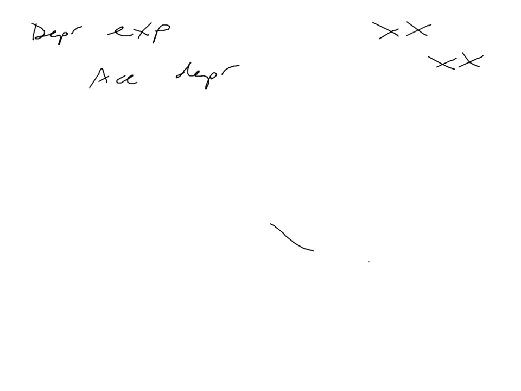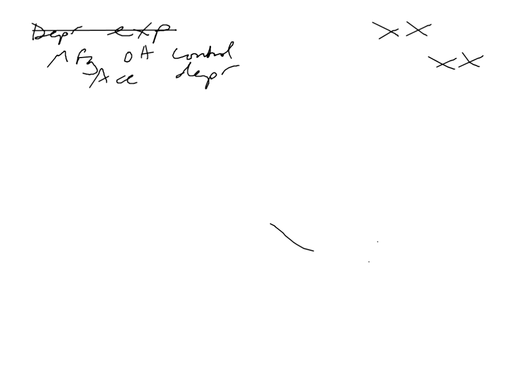However, in this case, since we're doing cost accounting, instead of debiting depreciation expense, we're going to debit manufacturing overhead control, because these costs need to be allocated to the items that we're creating so that we can track costs correctly.